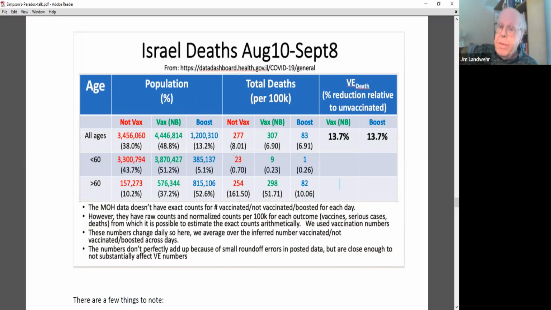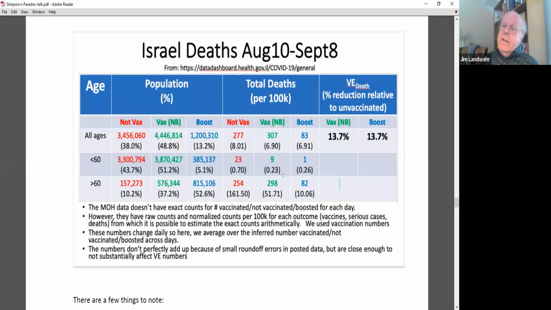So what do we see from this data? Let's first look at the death rates for the over 60 and less than 60 groups. We see the death rates for the older than 60 are quite a bit higher: 161, 51, and 10 per 100,000 for each of these groups than the death rates for the less than 60 group.